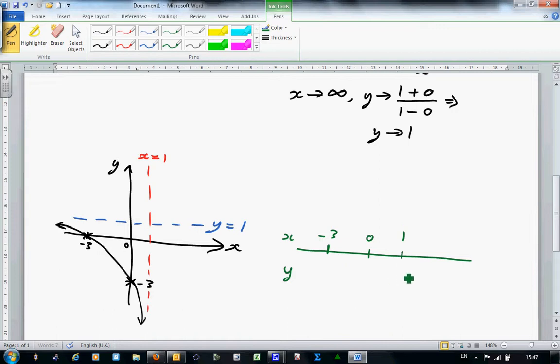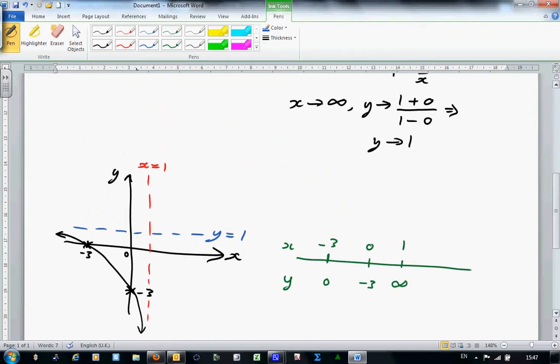Now what we're going to do is look at the places in between those, if you like. What the graph has done is chopped the x-axis into 4 pieces. So let's have a look. What will happen to y when x is bigger than 1? Well, y equals (x plus 3) over (x minus 1).